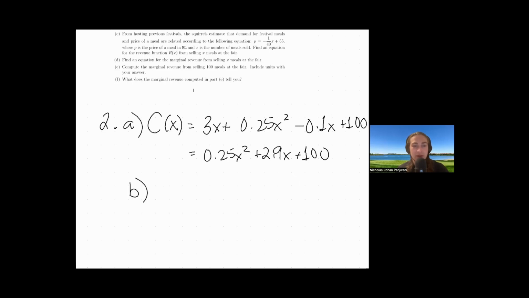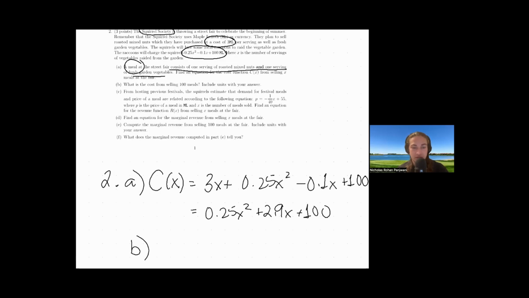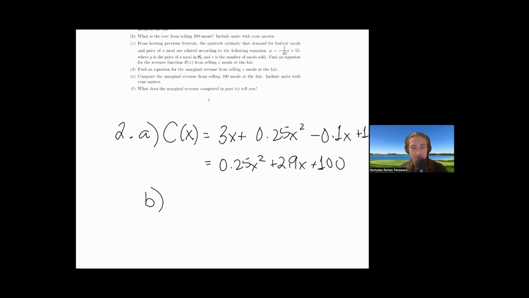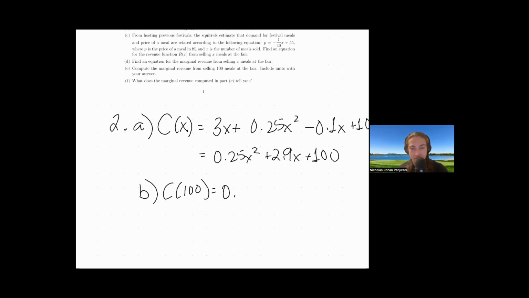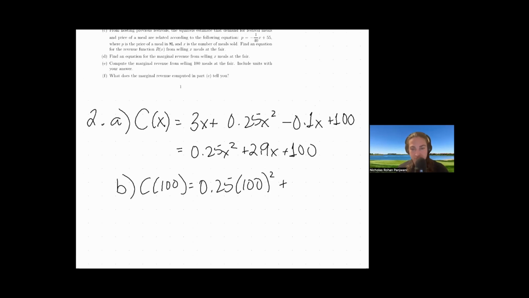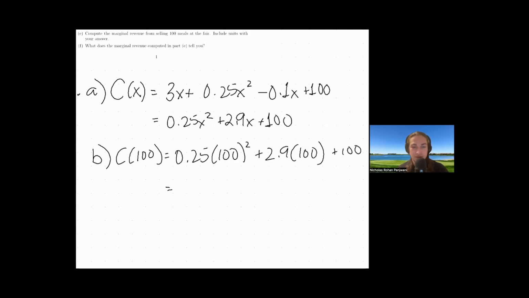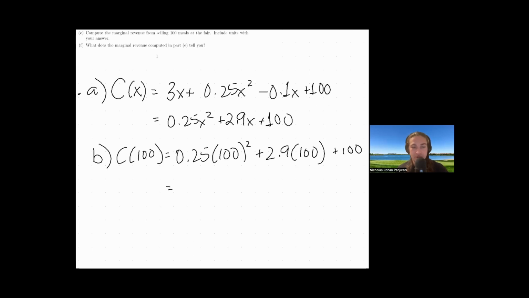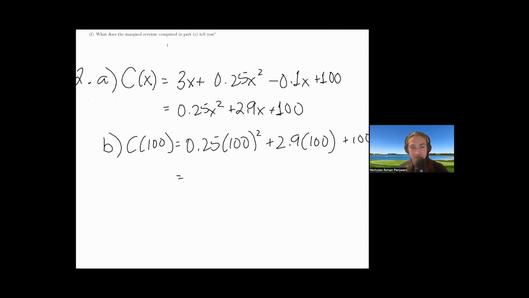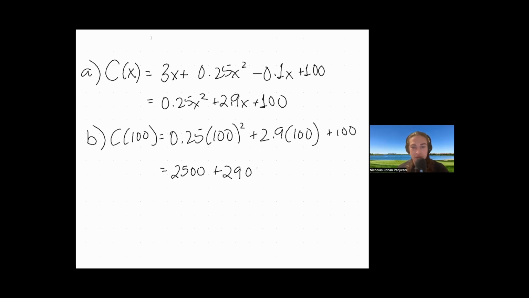What's the cost from selling 100 meals? Cost of 100. 100 times 100 is 10,000 times 0.25, 2,500, plus 2,000, plus 100.